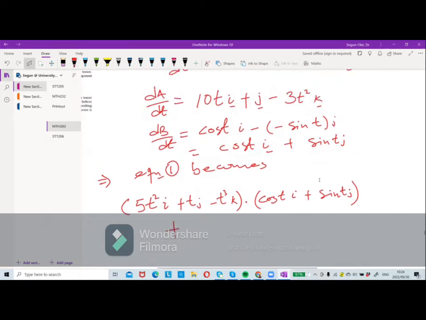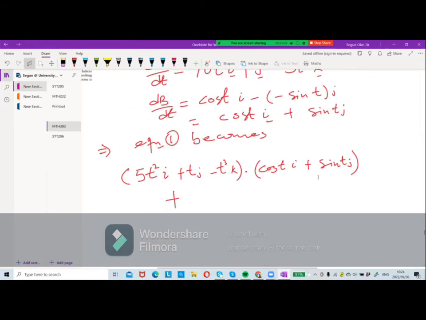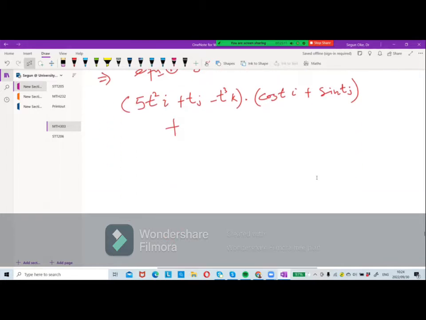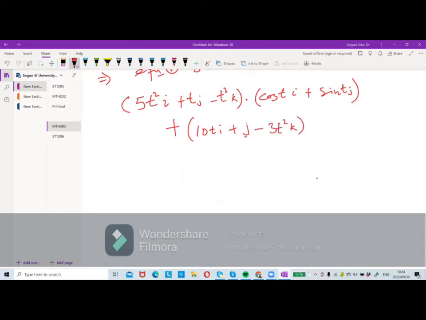Plus, don't forget dA/dt, which is 10t i plus j minus 3t squared k, dot B. And that B is sine t i minus cos t j.